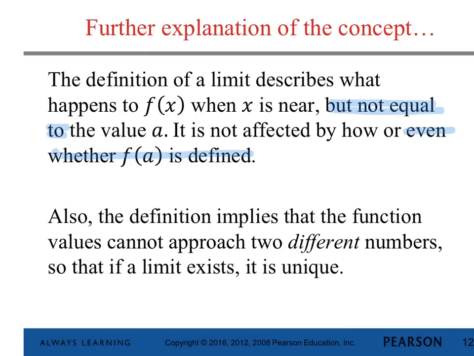The definition implies that the function values cannot approach two different numbers, so if a limit exists, it has to be unique. The left-hand limit cannot be different from the right-hand limit, or we will say that the limit doesn't exist.